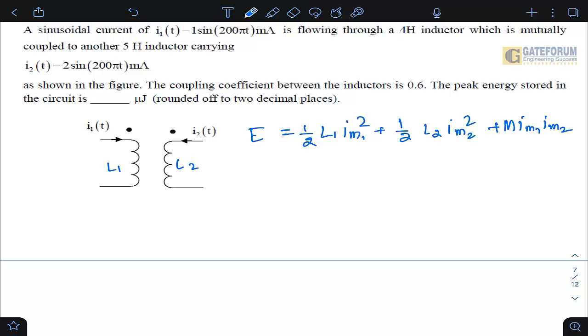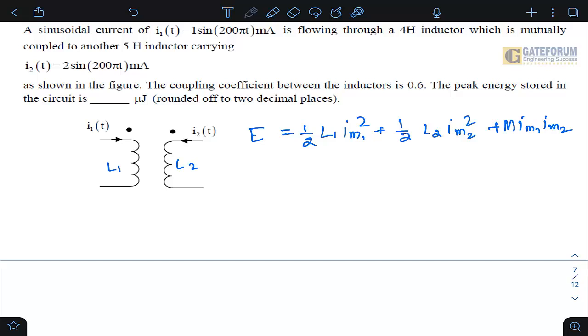This is a very standard well-known formula in coupled circuits. Whenever two coils are coupled with these dot conventions, this is the maximum energy stored. Im1, Im2 are nothing but the peak values of the currents. So here L1, Im1, L2, Im2 are given. The only unknown thing is M.